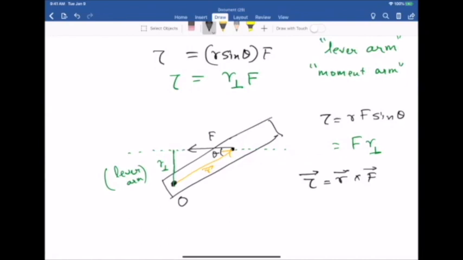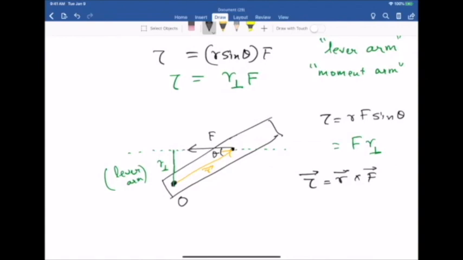However, in this chapter and also in the next chapter, we are not really going to bother with the actual direction of the torque vector. It's enough for our purposes to just keep track of whether a certain torque is a counterclockwise torque or a clockwise torque, right? What does that mean? Counterclockwise versus clockwise torque? Okay, just ask yourself, what is the force F trying to do to the object relative to the fixed point O, right?